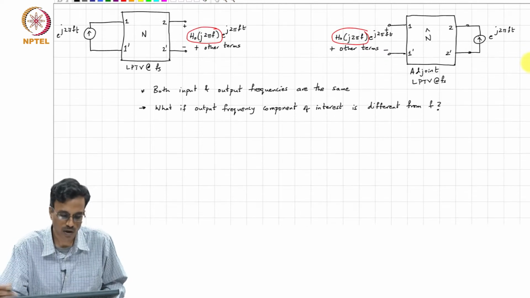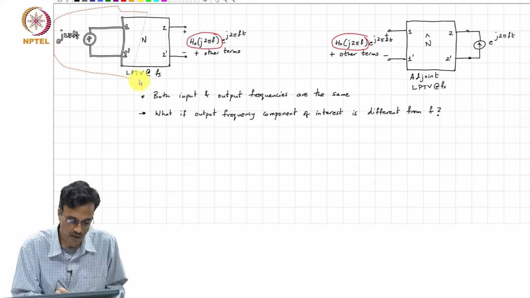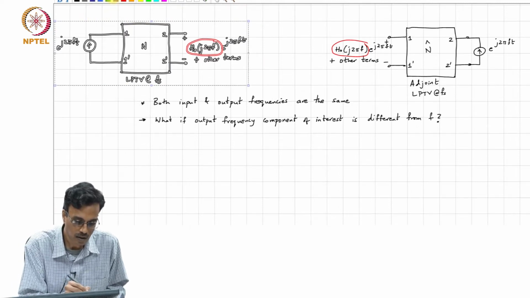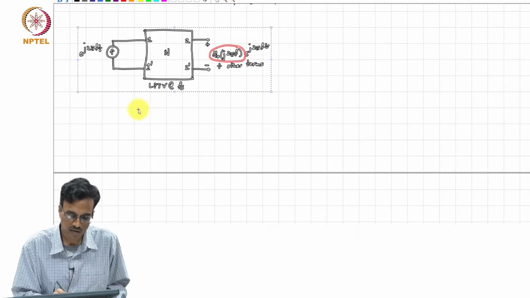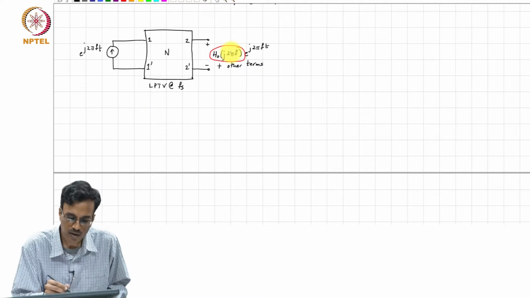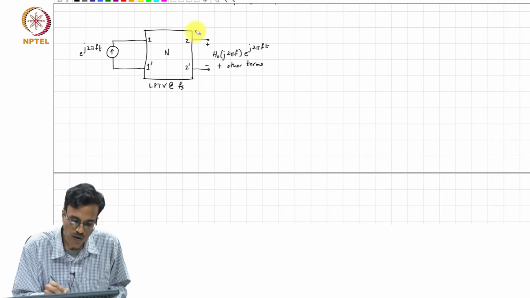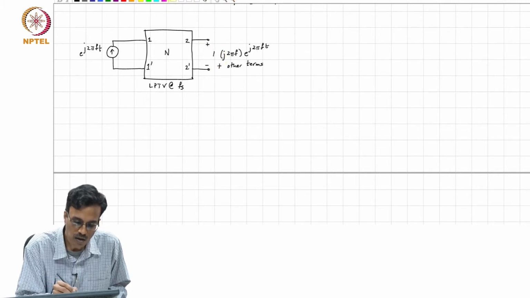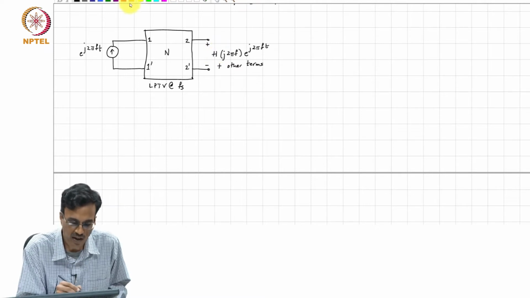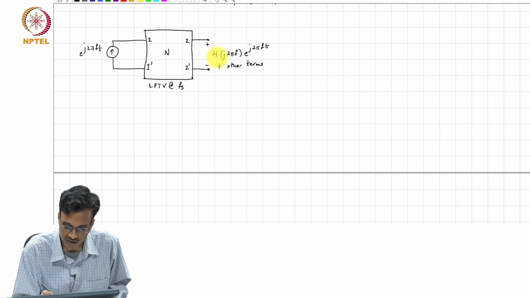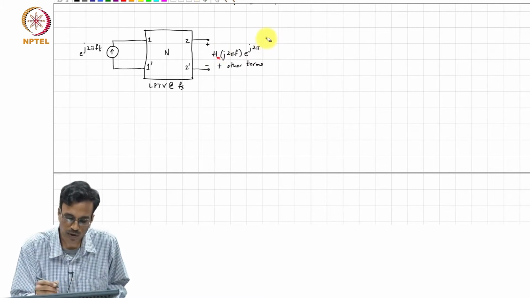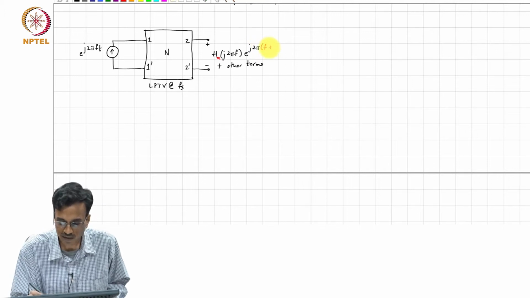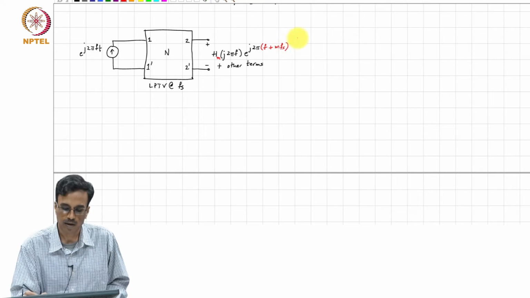So, in other words, what we are interested in therefore is, this is the network N. If we are interested not in H 0, but say H sub m, let's use m, in which case the output frequency of interest will be f plus m f s times t.